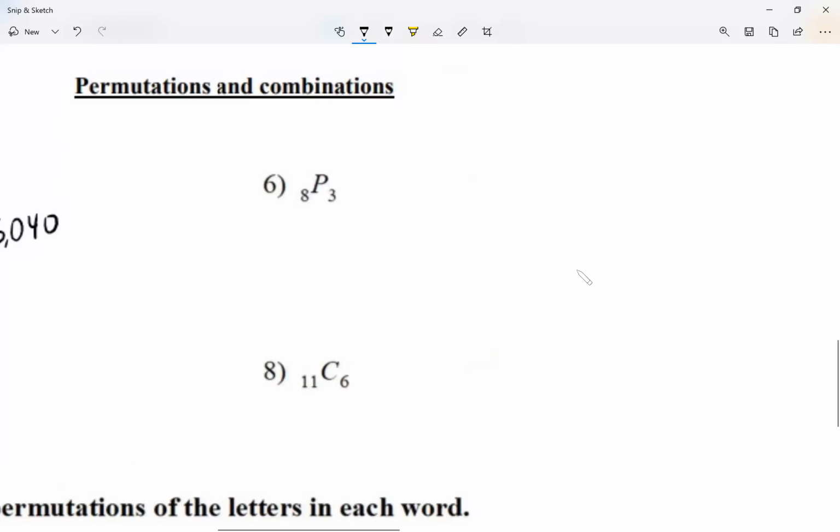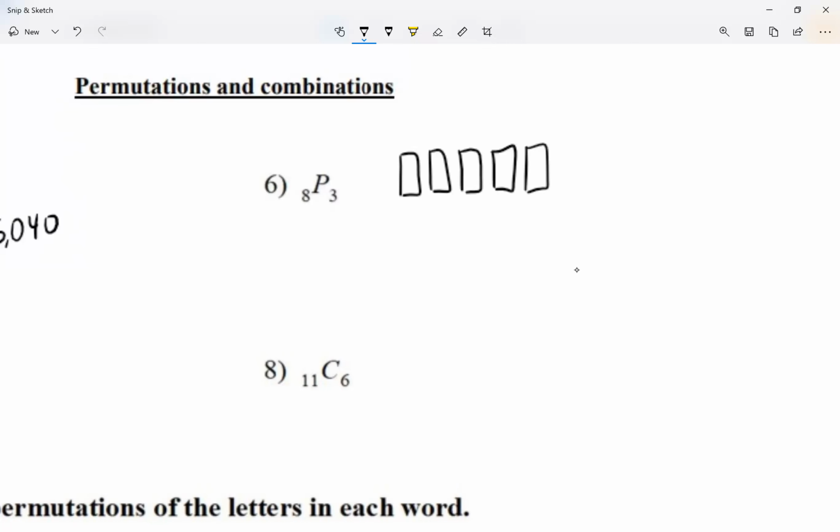Now, here for question number 6, let's say I have 8 books: 1, 2, 3, 4, 5, 6, 7, and 8. But I'm only going to do 3 in order. I'm going to only line up 3 books from left to right. So how many choices do I have on the first one? Well, I've got 8 choices. Good.